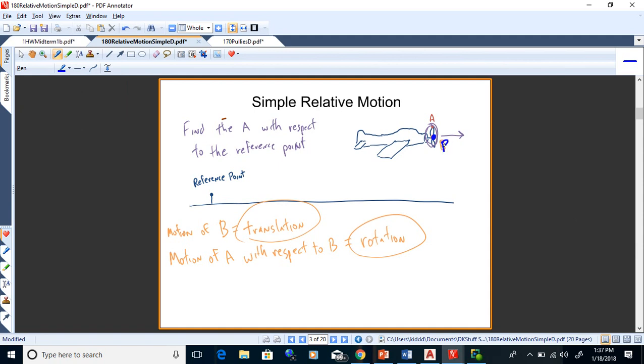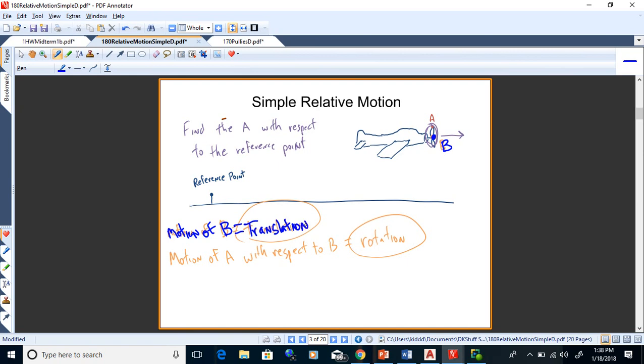So here's point B. The motion of B would basically be what I would call a translation, which is just a straight motion or a simple curved motion. That would be just the motion of the overall plane moving through space.